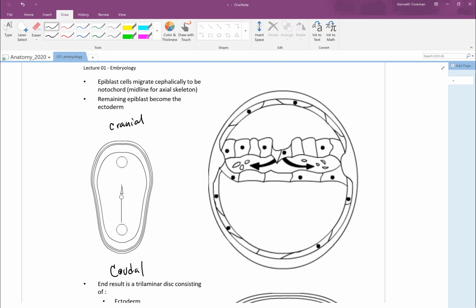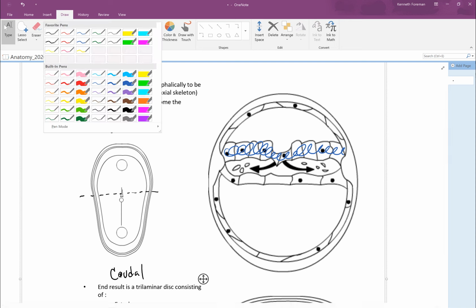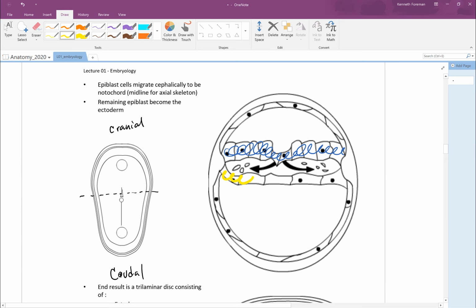If I was to cut the football directly in half and rotate it up, I would see three layers. Okay, I would still see here my ectoderm, my endoderm, and my mesoderm.